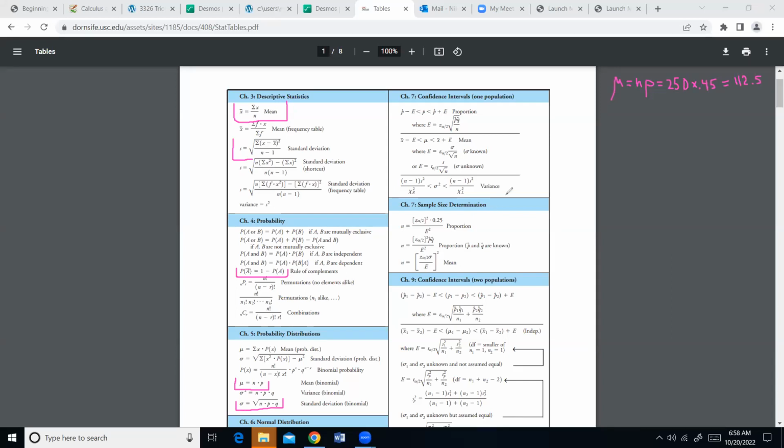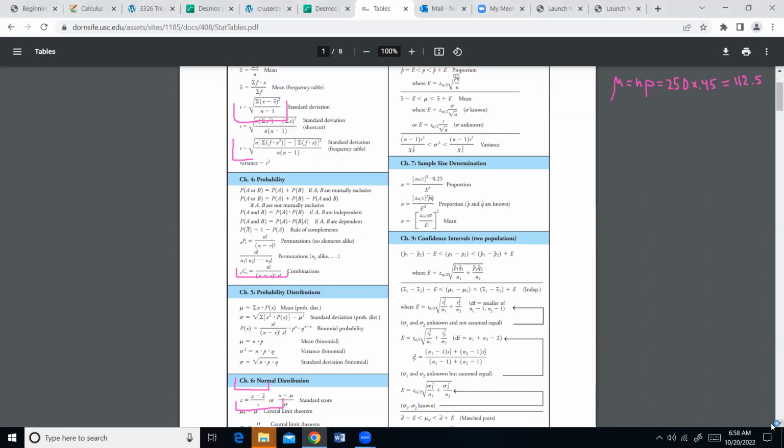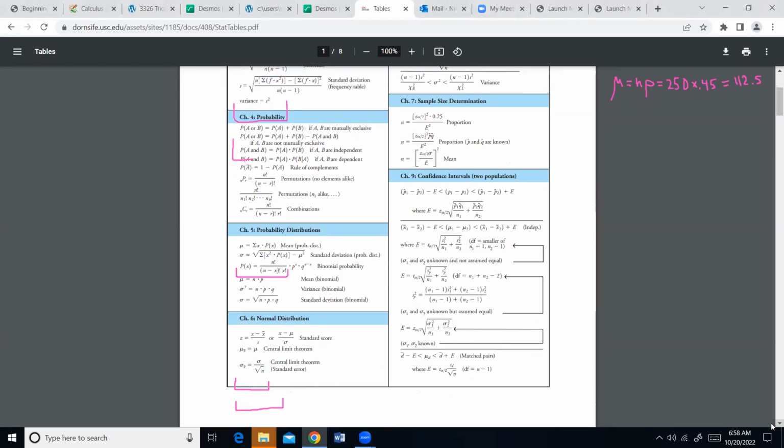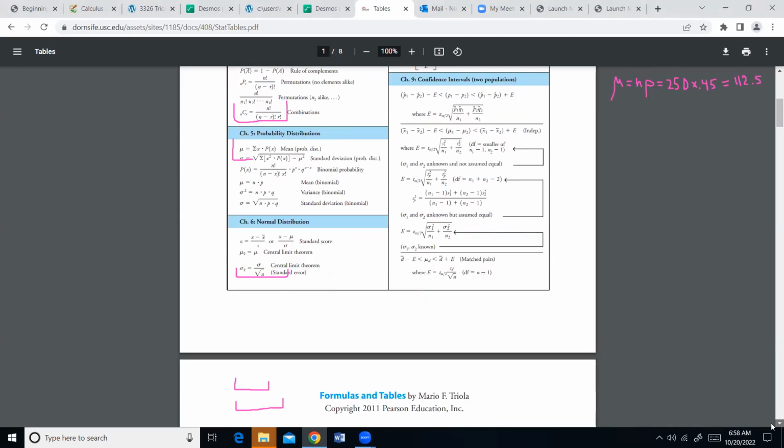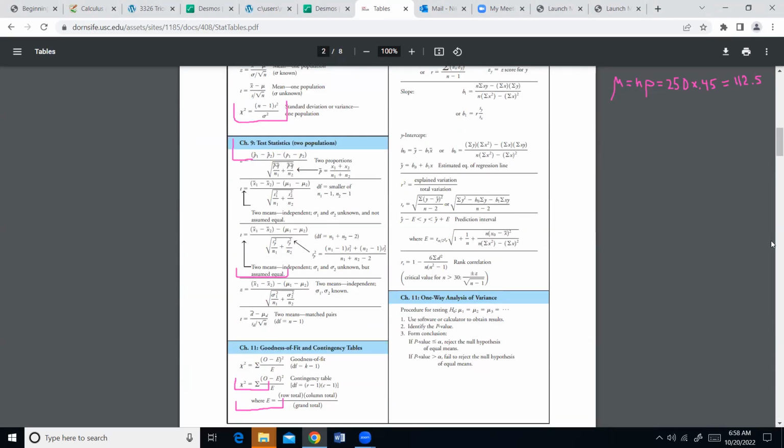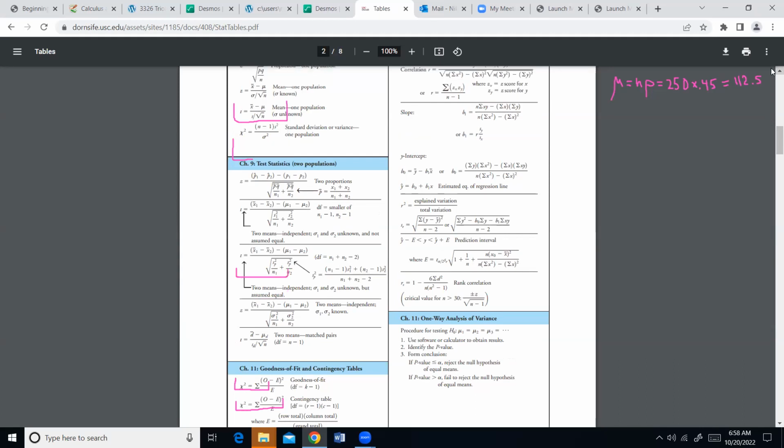So it looks like we indeed utilize some of these formulas. I didn't show you those formulas because there are just too many of them, more than you need, so it could be a little bit confusing in here. And now chapter 6 deals with normal distribution, we will utilize some formulas that appear under this chapter 6 story, which is actually chapter 5 in this edition of the textbook.